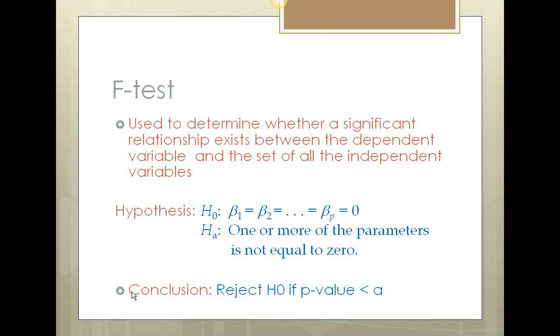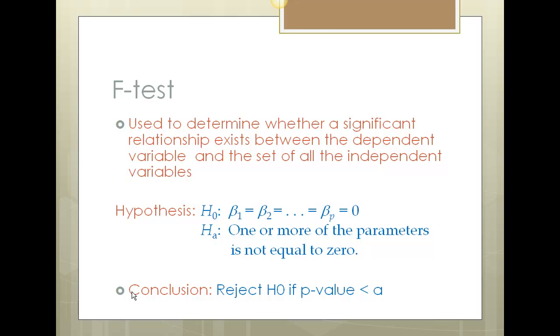So what this F test does is say, H0: all of our independent variables together have no impact on our dependent variable. In other words, our regression is useless. These variables have no impact on our dependent variable. They're not predicting anything. Or HA: at least one of the independent variables has an impact on y, or at least one of the parameter values is not equal to 0.